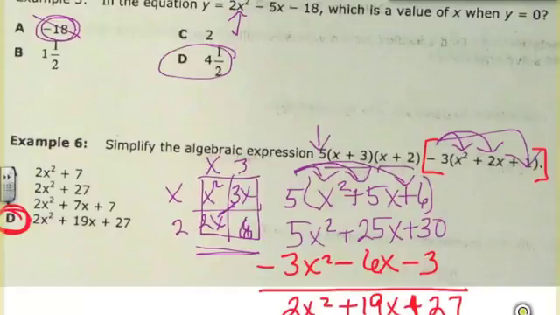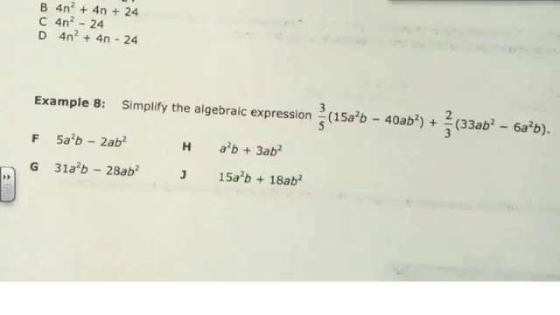Okay, so let's go to example 7. Are we good? Everything written down? Example 7 says, which of the following expressions is equivalent to 4 times n minus 3 times n plus 2? Again, it doesn't matter which way you multiply.